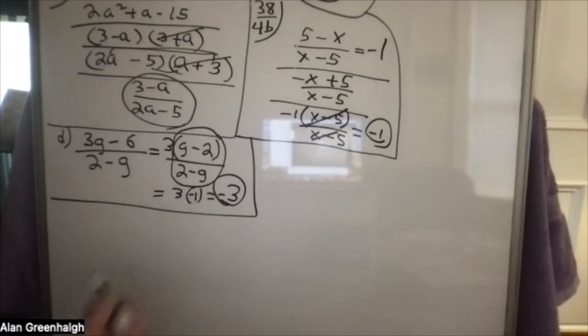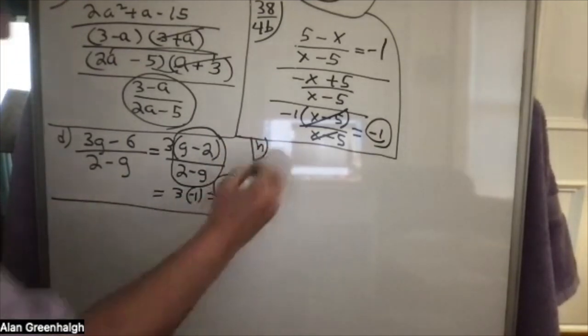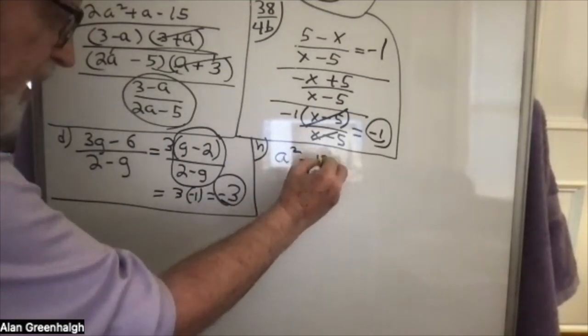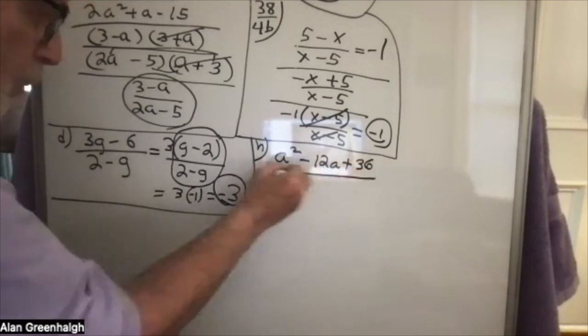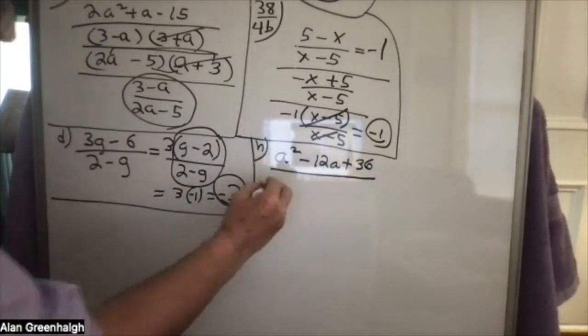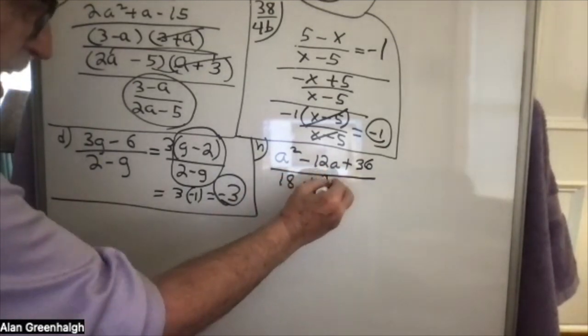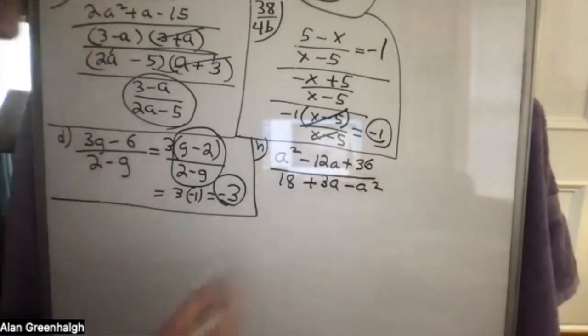All right, problem H. A squared minus 12a plus 36 divided by 18 plus 3a minus a squared.